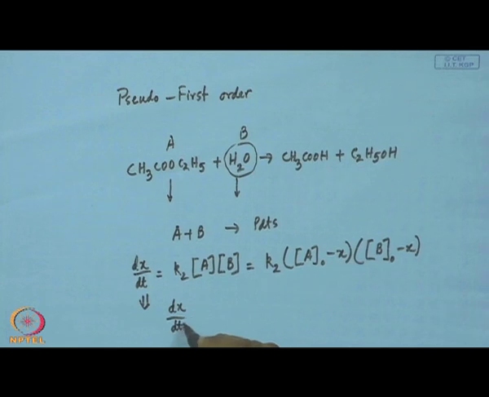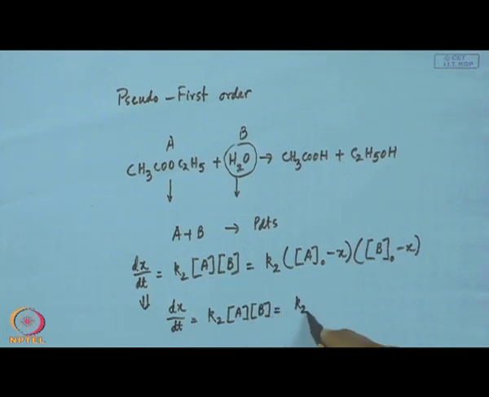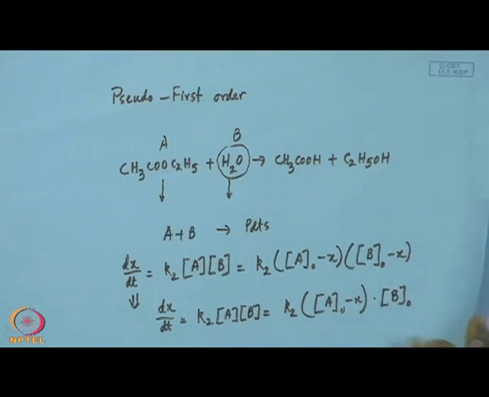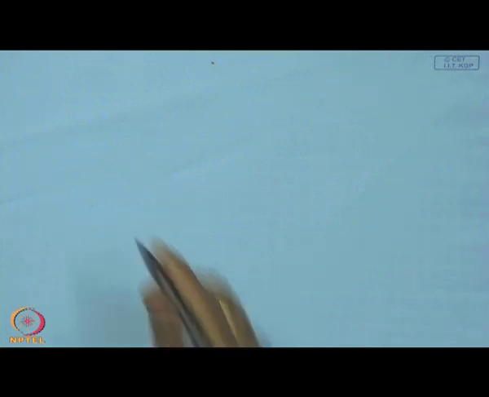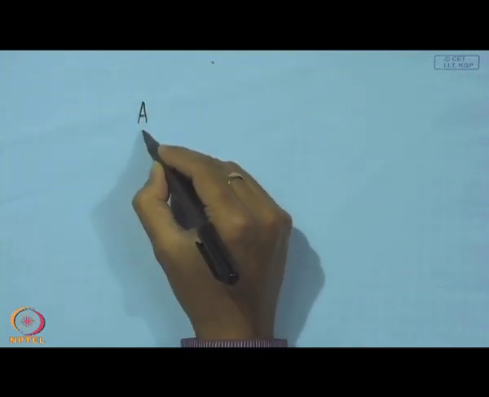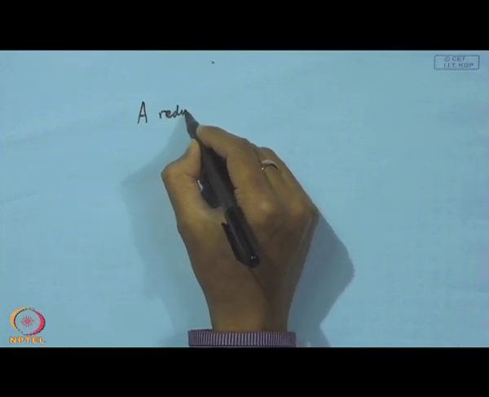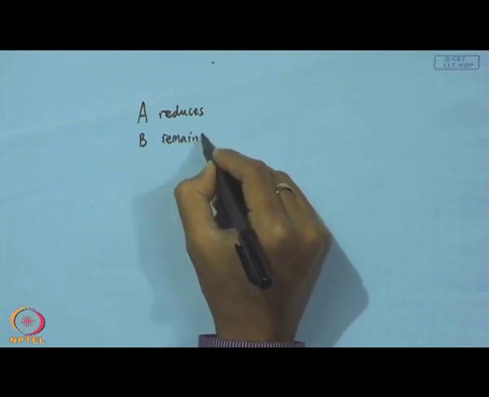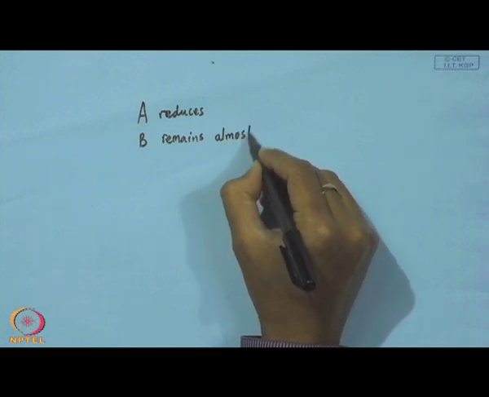So, in that case this expression reduces to dx/dt is equal to K2 AB, is equal to K2 (A naught minus x) times B naught, because it is in high concentration or in large excess. During the course of the reaction, A reduces, but B remains almost constant.